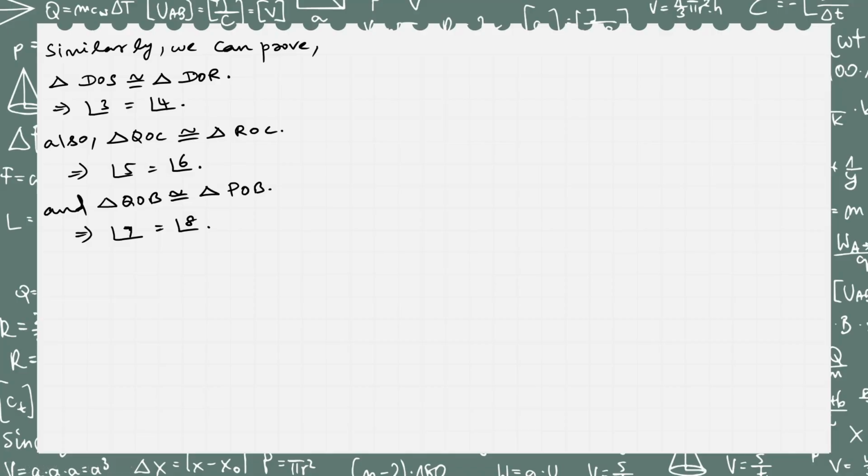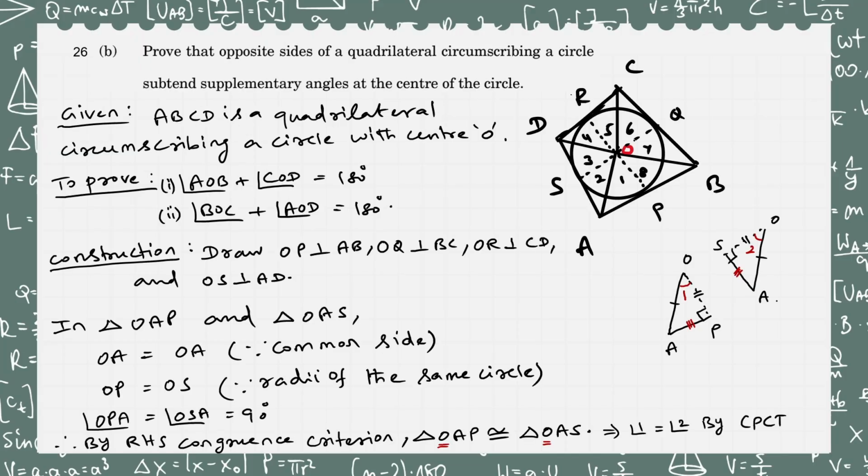Okay, so now we have so many angles equal to each other, but look at the picture here. All the angles are made at the center of the circle, and we already know that angle at the center of a circle is 360 degrees. So when we add all these 8 angles, we should have 360 degree, right?